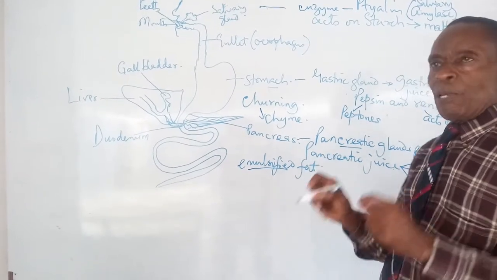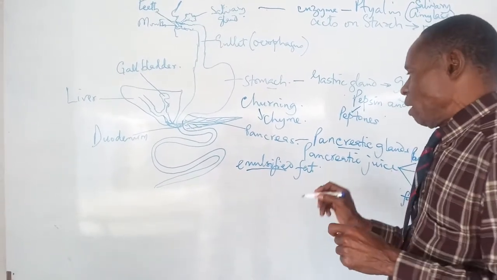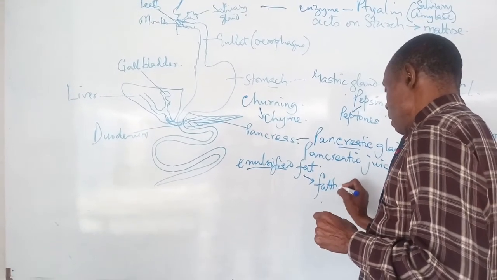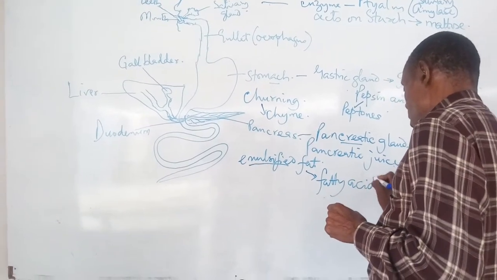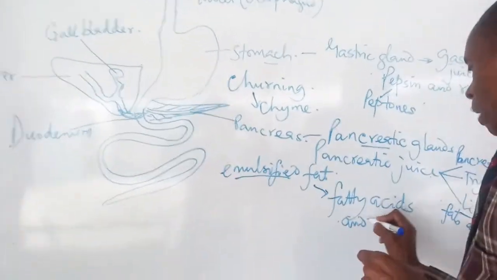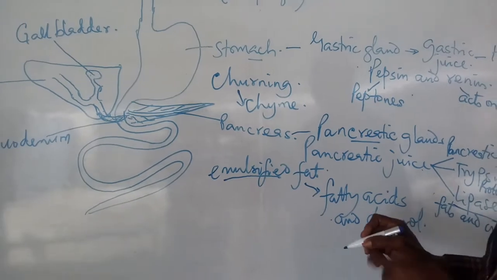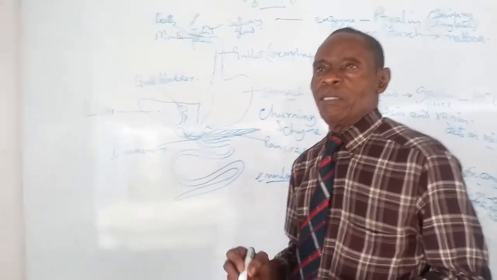And so we said that lipase acts on emulsified fat, that is the fat that has been broken down into tiny droplets, to form what is known as fatty acids and glycerol. That ends fat digestion.